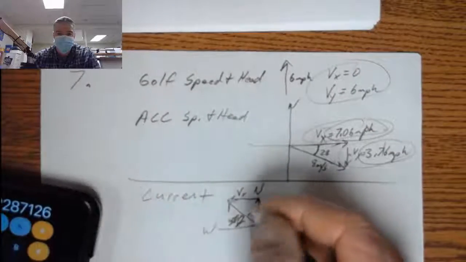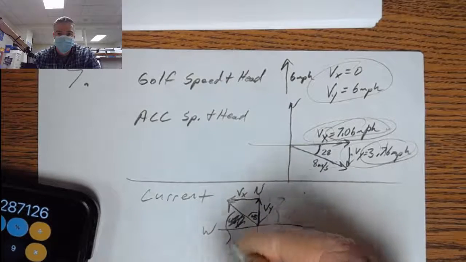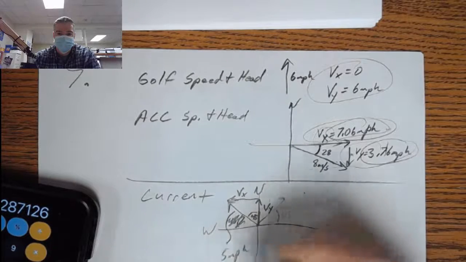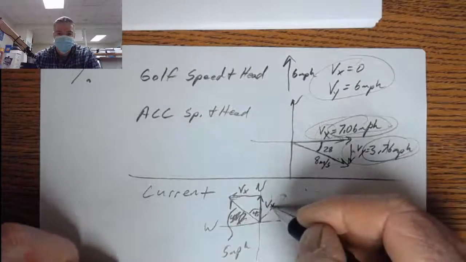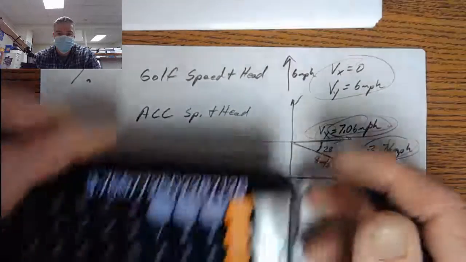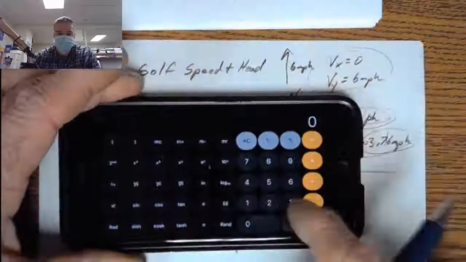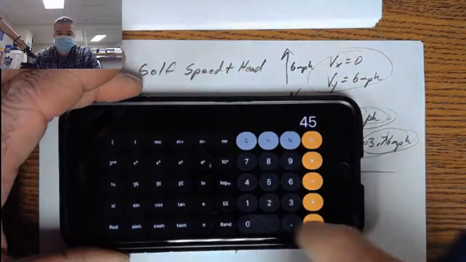And this, by the way, is 5 miles per hour. So to find Vy, I can use cosine. Cosine and sine are the same for a 45-degree angle.